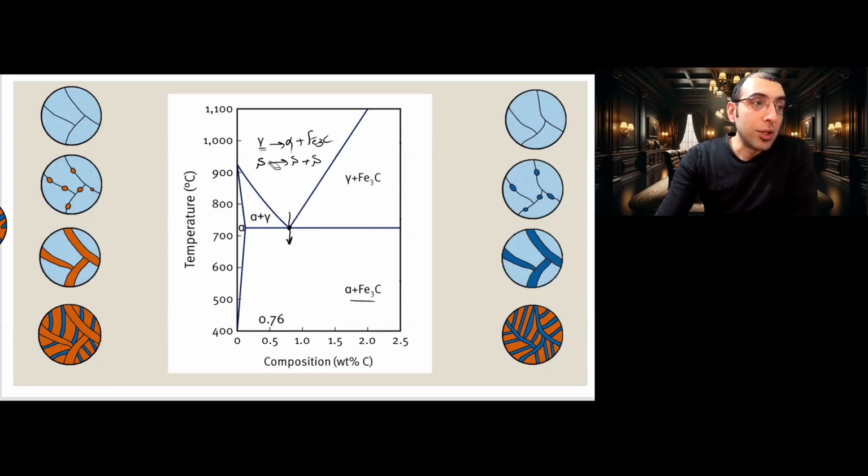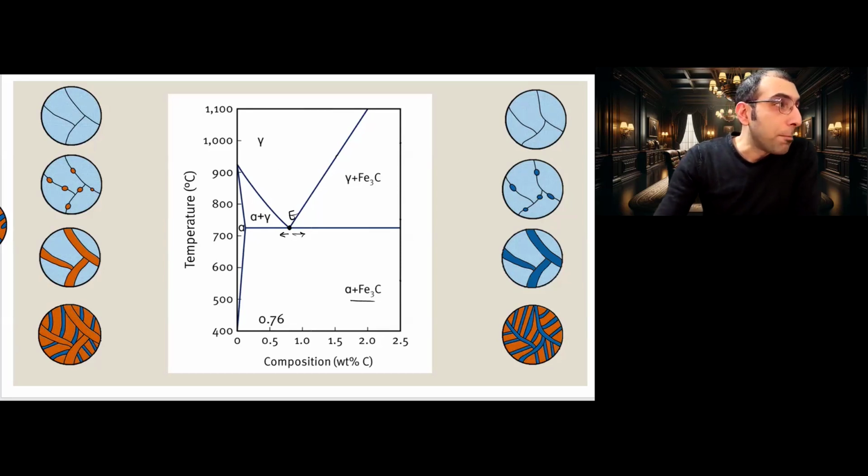But this is our eutectoid point. I mark it with E, and all the alloys with carbon compositions less than this amount will be hypo-eutectoid, and the alloys coming after that are hyper-eutectoid.